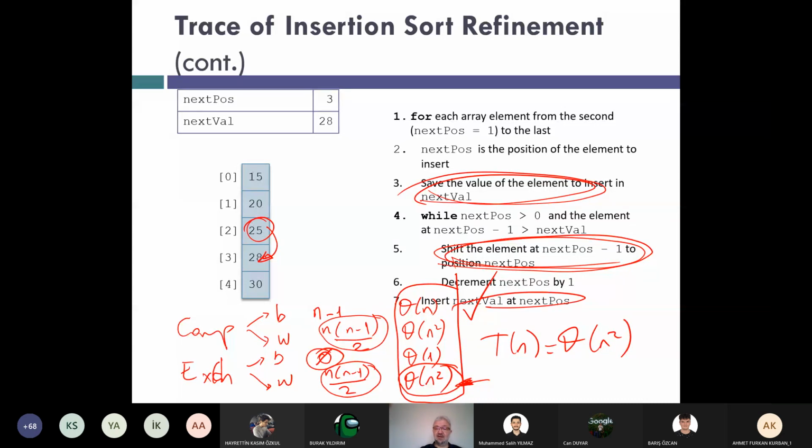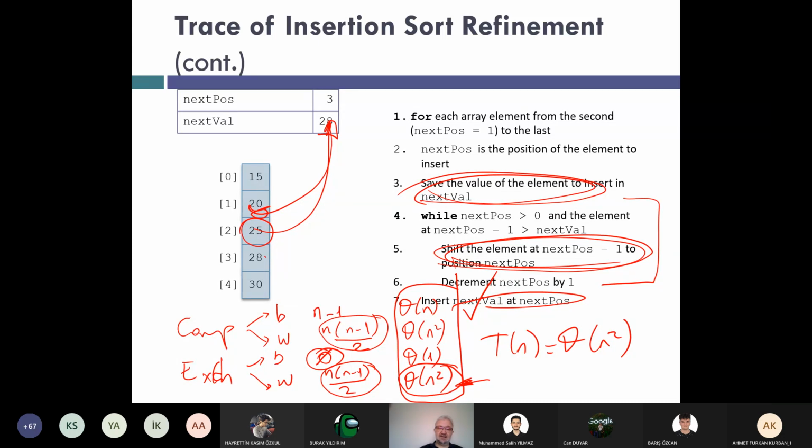There are two more copies, not in the while loop, but out of the while loop. Two copy operations, copying of this value to be inserted over here and back in the array, okay? Two copy operations are performed.